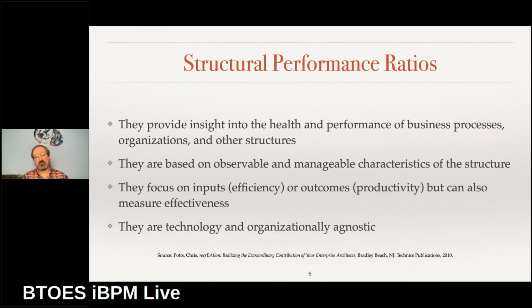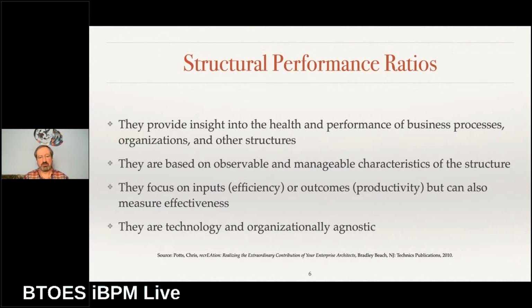So a structural performance ratio provides insight into the health and performance of the business organization, processes, and other structures. They're based on manageable and observable characteristics, things you can actually see and touch, and they focus on inputs or outputs, and are technology and organizationally agnostic.